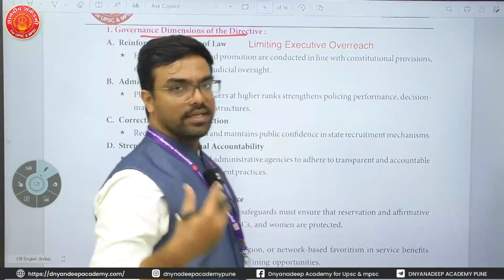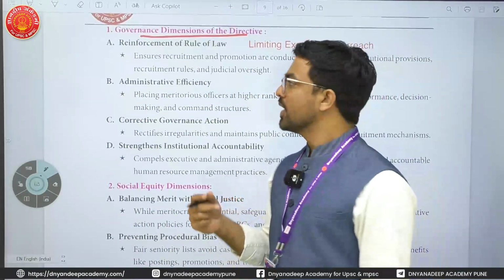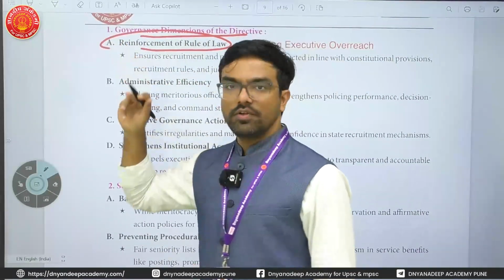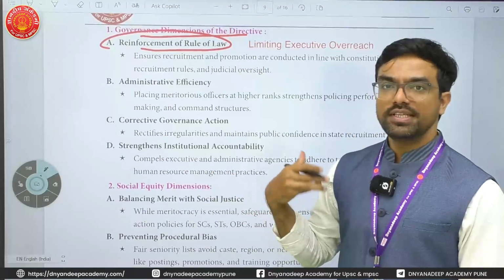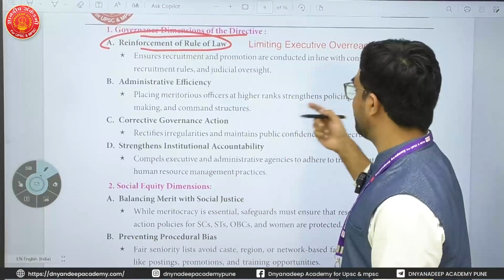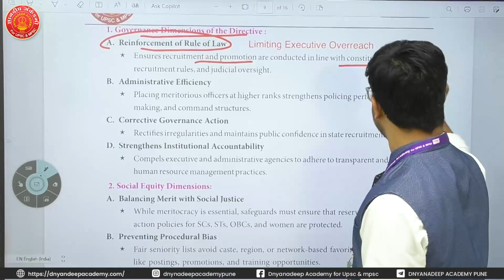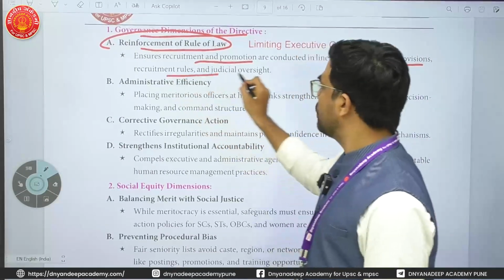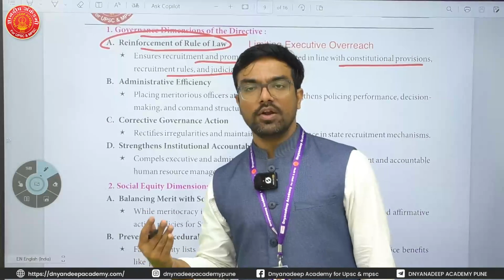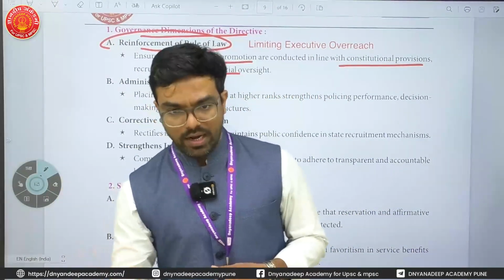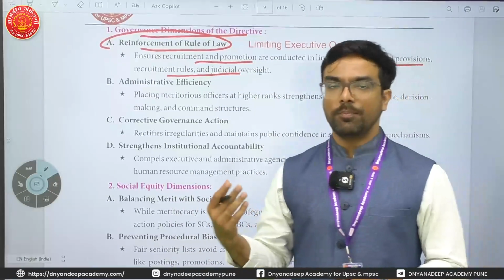How does it ensure governance is more effective, right? It reinforces the rule of law. So this directive reinforces rule of law, that is, recruitment and promotion are conducted in line with constitutional provisions, recruitment rules and judicial oversight, right? Not arbitrarily under the orders of the political executives.